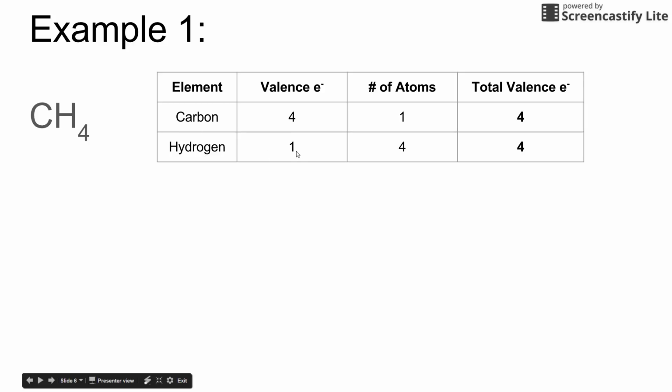Hydrogen: each has 1 valence electron, and you have 4 of them. So all 4 hydrogens contribute 4 valence electrons because 4 times 1 is 4. Then you add these up: 4 plus 4 is 8. Now you're ready to do the dot structure for covalent bonds.